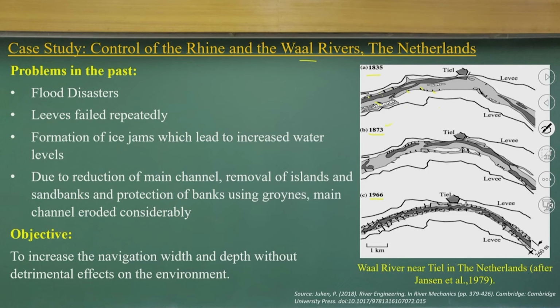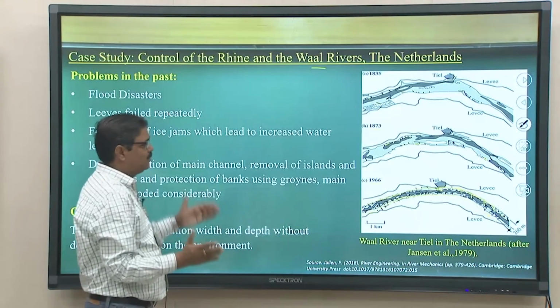By 1873, after almost 50 years, the river is still confined with the help of spurs and also the parallel levee. For 1996, you can see the jacketing of the river happening on both sides, putting in all these structures, the spurs and weirs, on both sides in such a way that we confine the river.